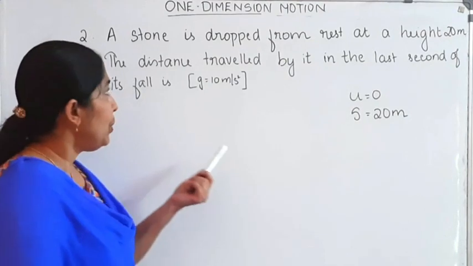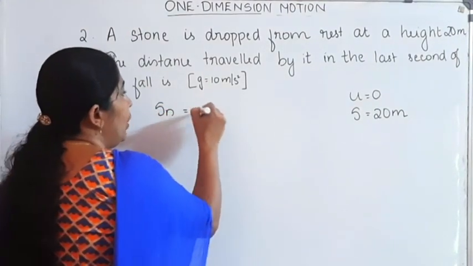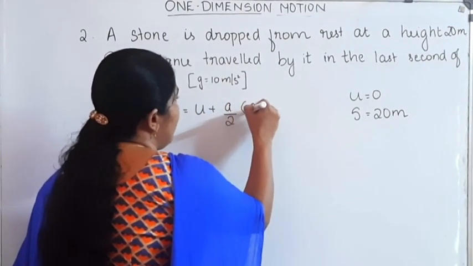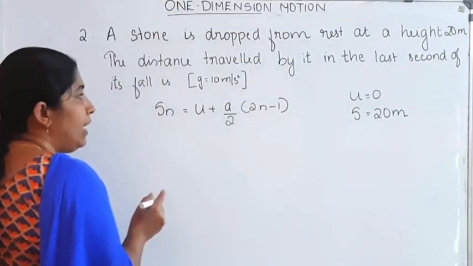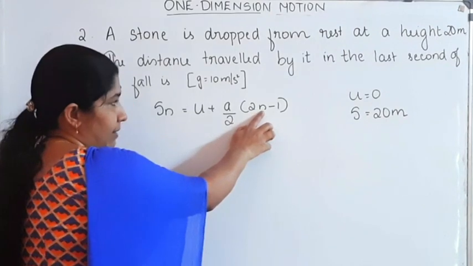For that, we can use Sn is equal to u plus a by 2 into 2n minus 1. Here, we don't know the last second, that is n.